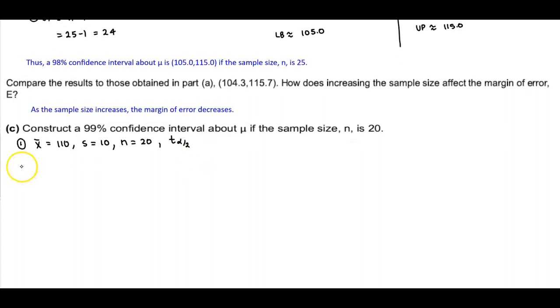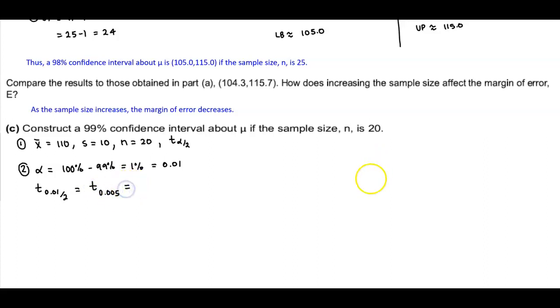So just like we've done before, we know that this is 99%, so we want to find alpha. Alpha is going to equal 100% minus 99%, which gives us 1%, which is 0.01. Now alpha divided by 2: 0.01 divided by 2 gives us 0.005.